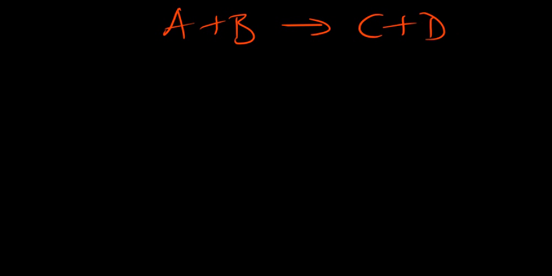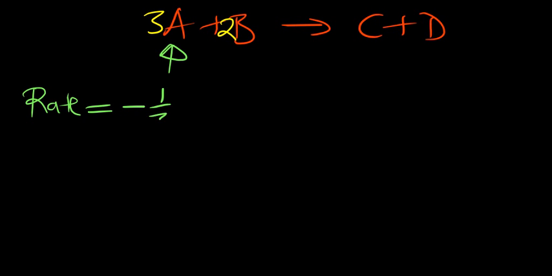So the formula for the rate, like I stated from the start: if you're given a reaction in that form, let me put some coefficients there. If a question asks you to determine the rate, whether the average rate or just the rate in general, and you specify the time, the formula for determining the rate with respect to A in this case is negative 1 over 3 change in concentration of A divided by change in time.